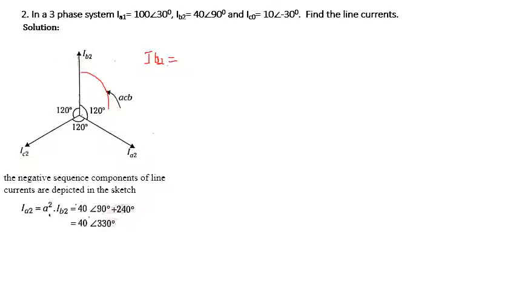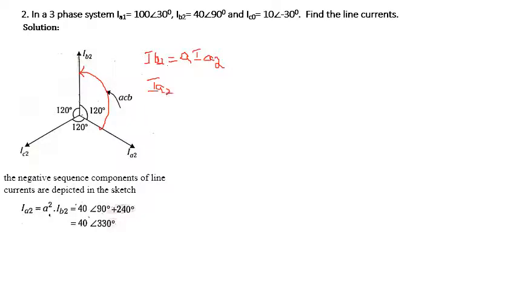The angle between IA2 and IB2 is A, means 120 degree to the IA2. Here we are trying to calculate the angle deflection of IA2 in terms of IB2. Means I have to calculate what is IA2.